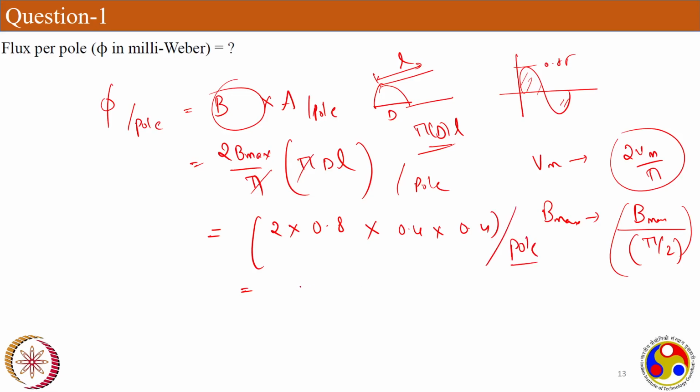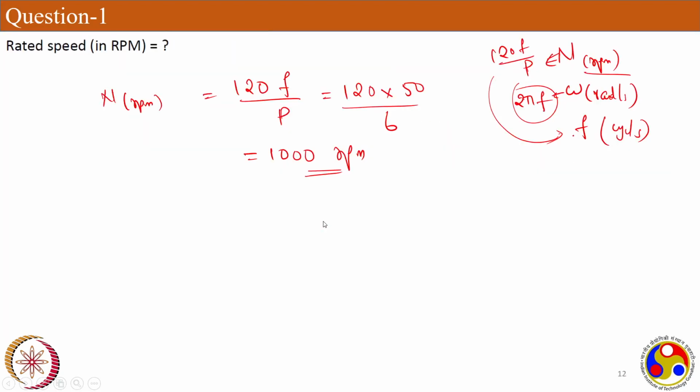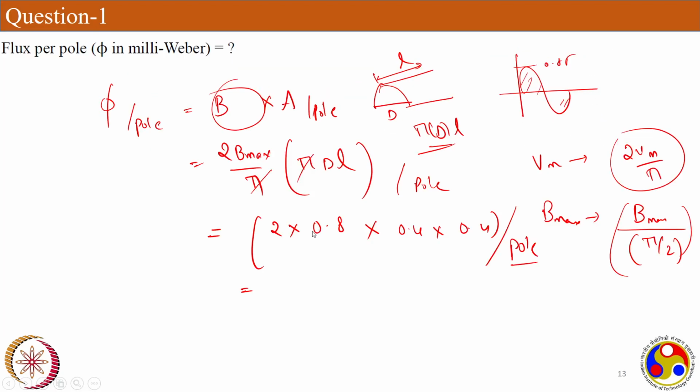So what I got is 0.256 divided by pole. How many poles is my machine? It's a 6-pole machine, so it's divided by 6. So what I got here is 0.04266. It is the Weber per pole. They asked the question in milliweber, so it will be 42.66 milliweber.